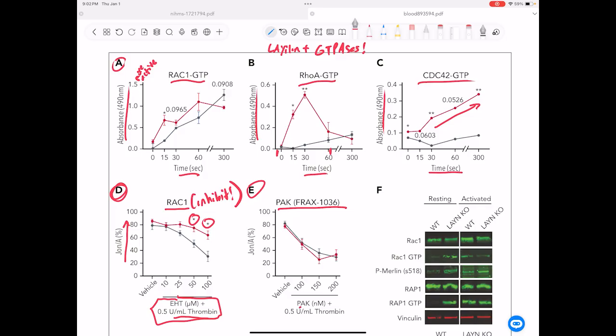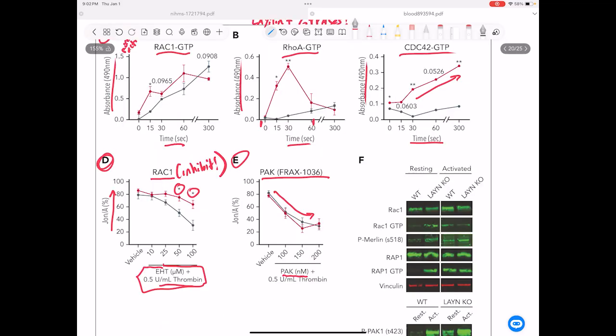And unfortunately, when we were inhibiting this, we did not really see a difference in the wild type versus Layilin knockout. What this just tells us is that this is too far downstream. Whatever Layilin is doing to mediate this pathway, it's upstream of PAK.